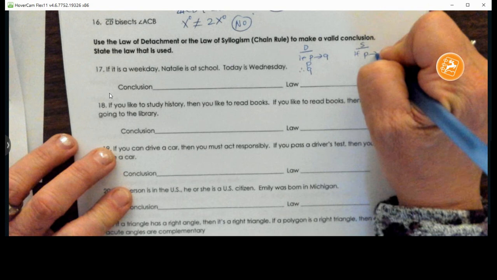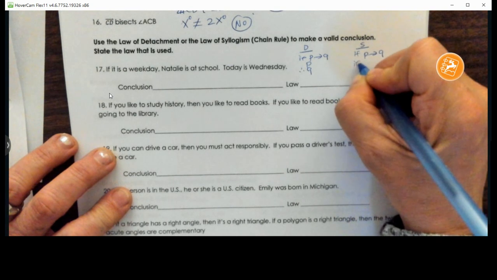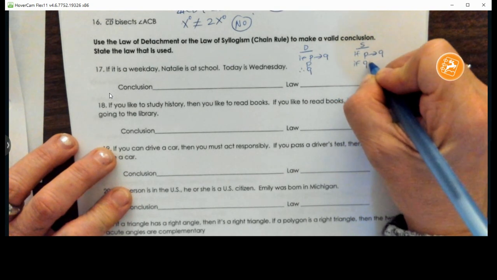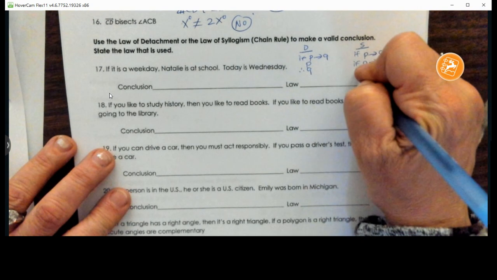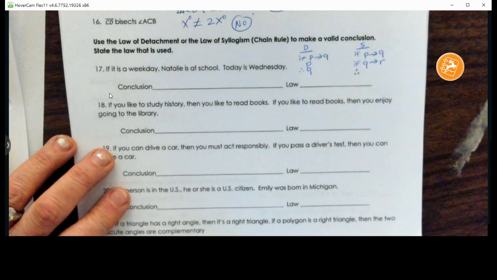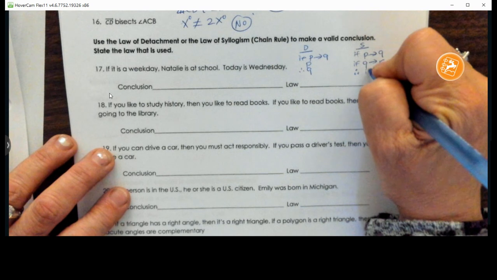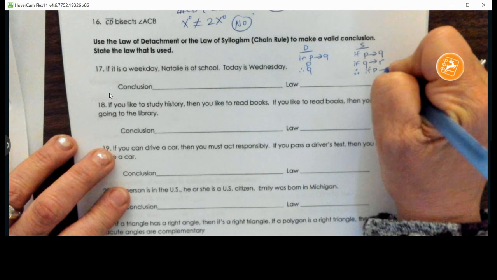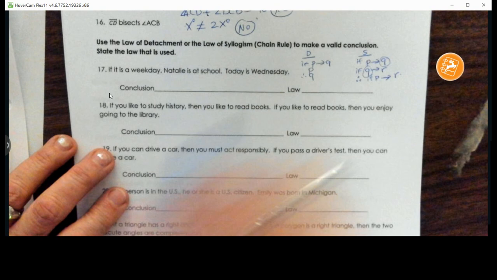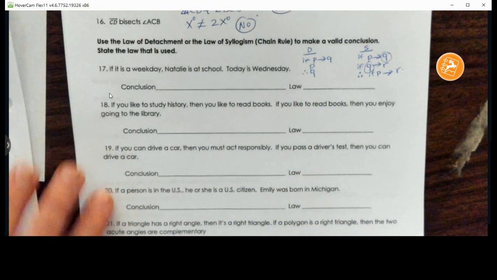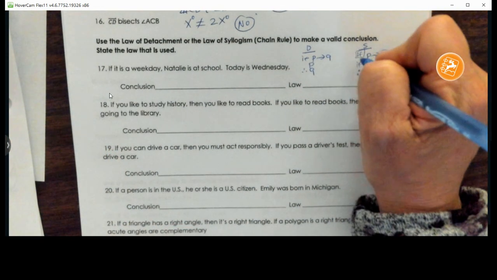If P, then Q. If Q, then R. Therefore, if P, then R. So we want one piece of information that is repeated, and that's going to be Q, and we need 2 ifs.